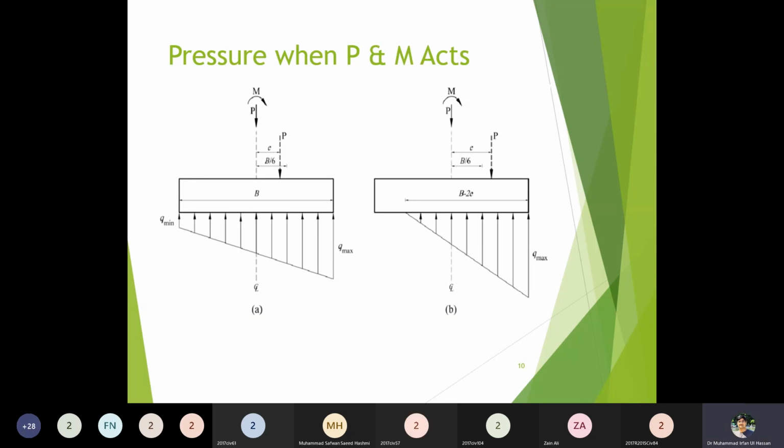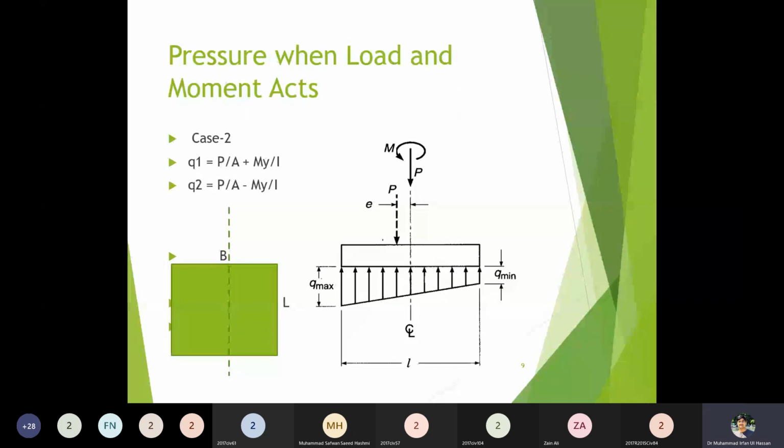then what happens is that the pressure starts increasing, टेंसाइल बढ़ता जाएगा, in such a fashion that in the equation you see, P over A minus My over I, when both are positive it means both are compressive.